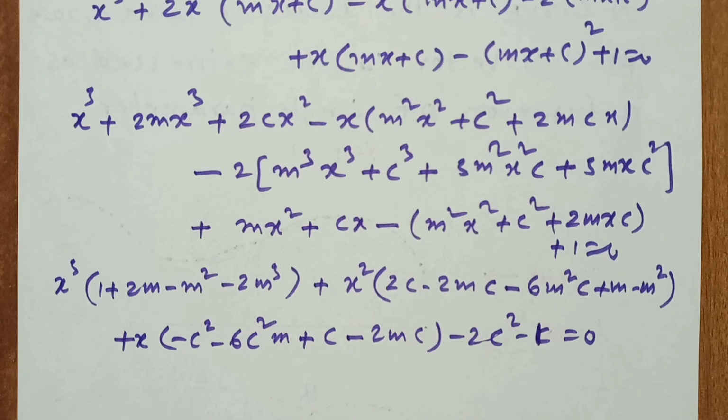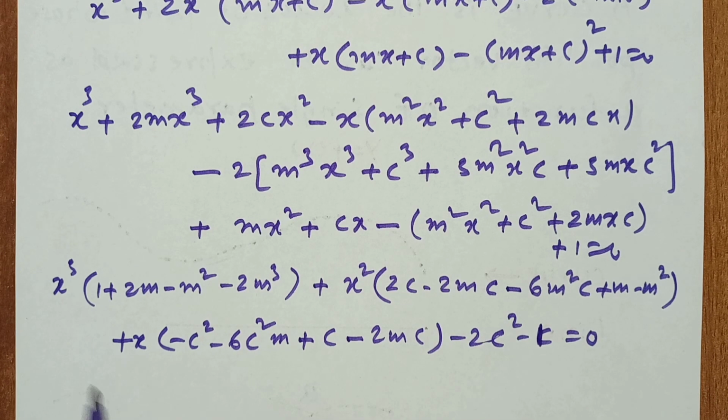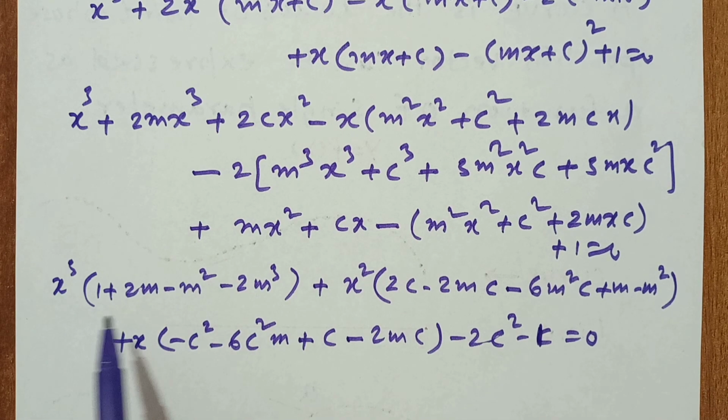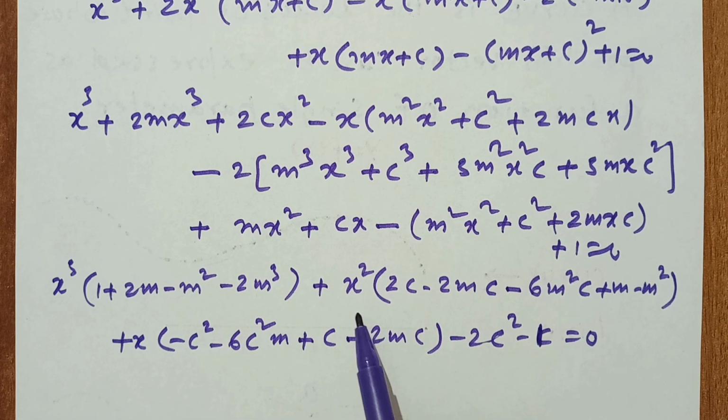Now we will arrange in powers of x. So we get the coefficient of x cube, this thing, and then the coefficient of x square, this thing, plus the coefficient of x and then the constant.